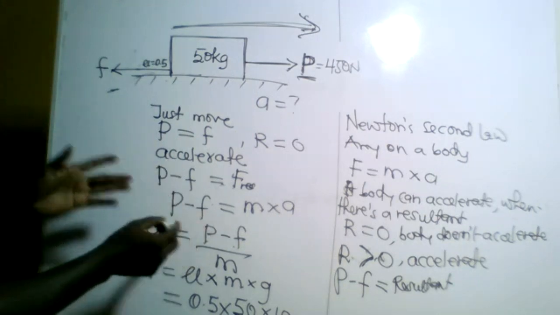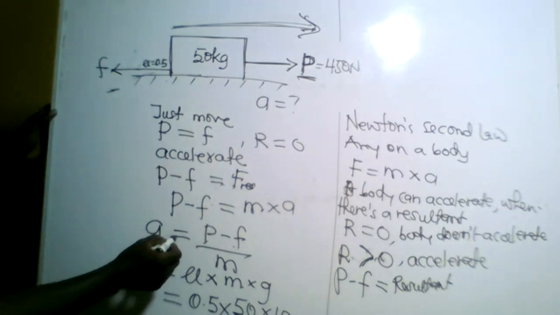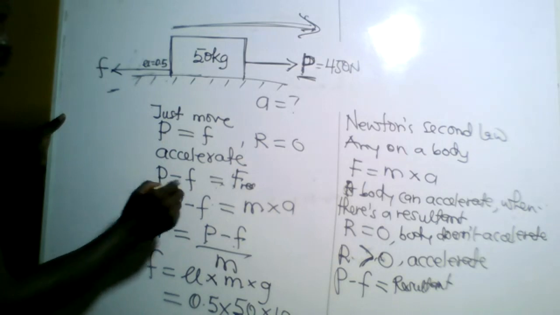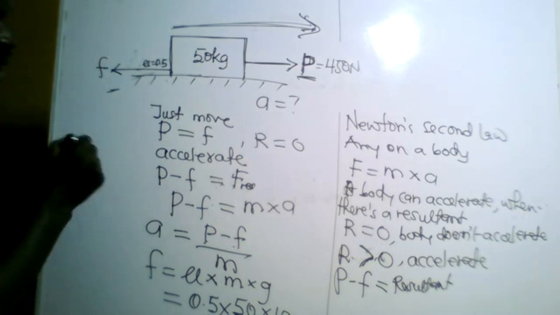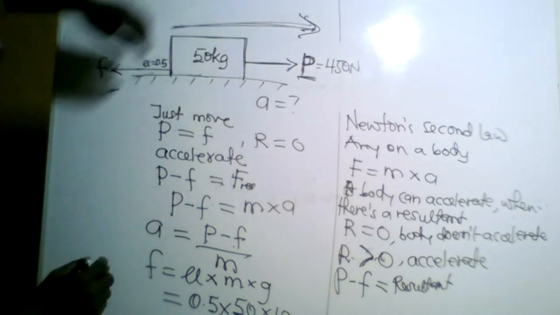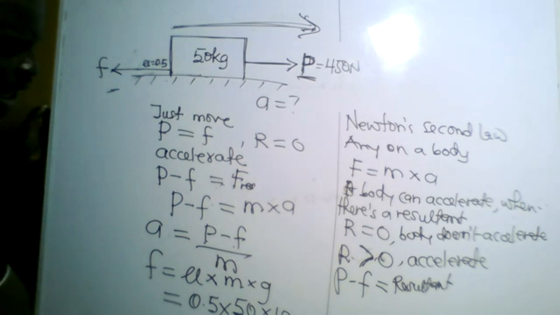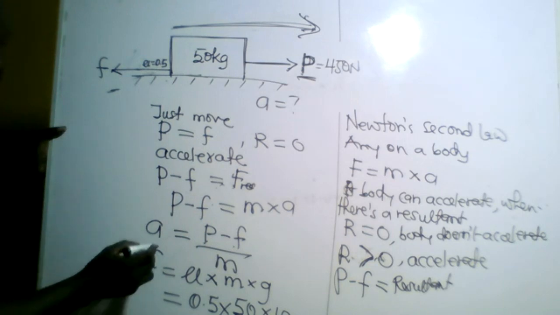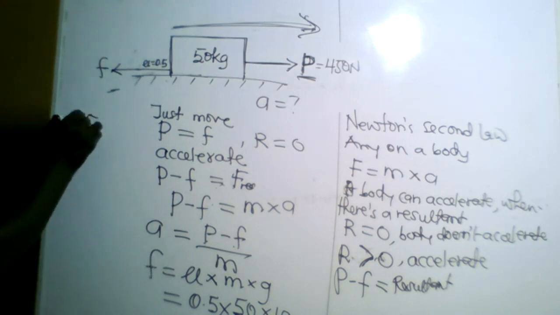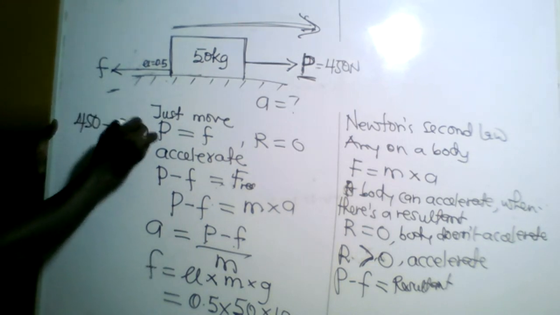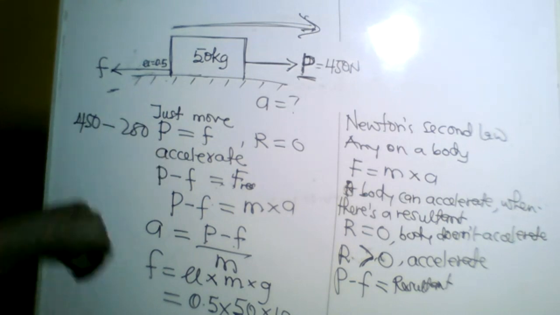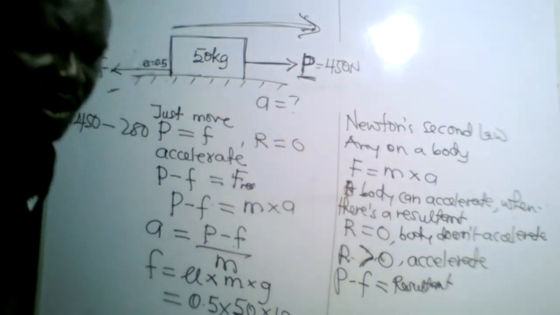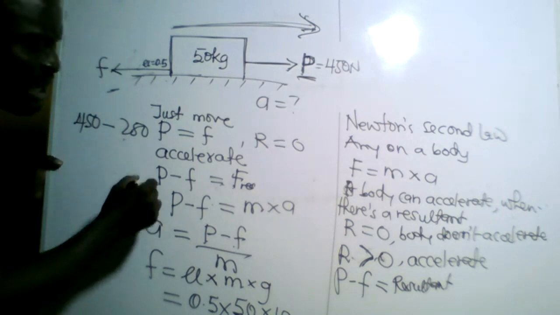So we subtracted F from P, and we realized that this is what we have for P, 450, minus 250. The difference is greater than 0.